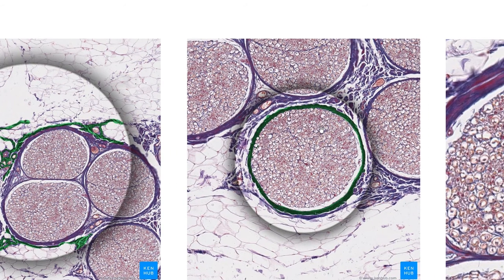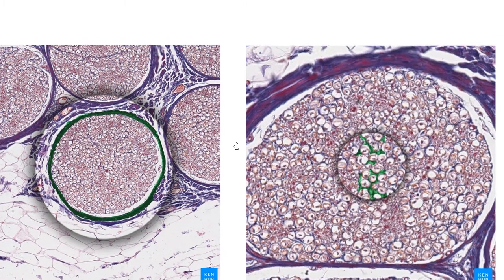Then we have perineurium. This leaf-like covering surrounding each of the fascicle. This is one fascicle surrounded by perineurium. And then the endoneurium. These are the axons, and when we have magnified it, you can see the connective tissue.